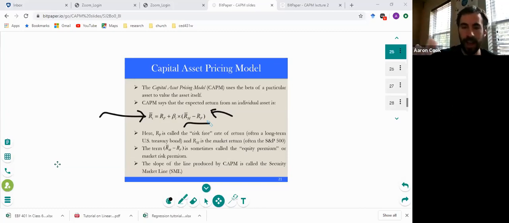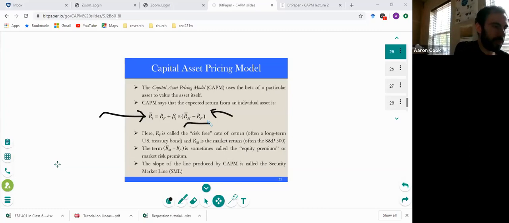And that's the parameter, that equity premium, or the difference between the average market returns and the risk-free rate. That market premium gets multiplied by the beta, and then that gets added to the risk-free rate to get the expected returns on a particular asset which has a particular beta, or a particular tendency to move together with the market or against the market.